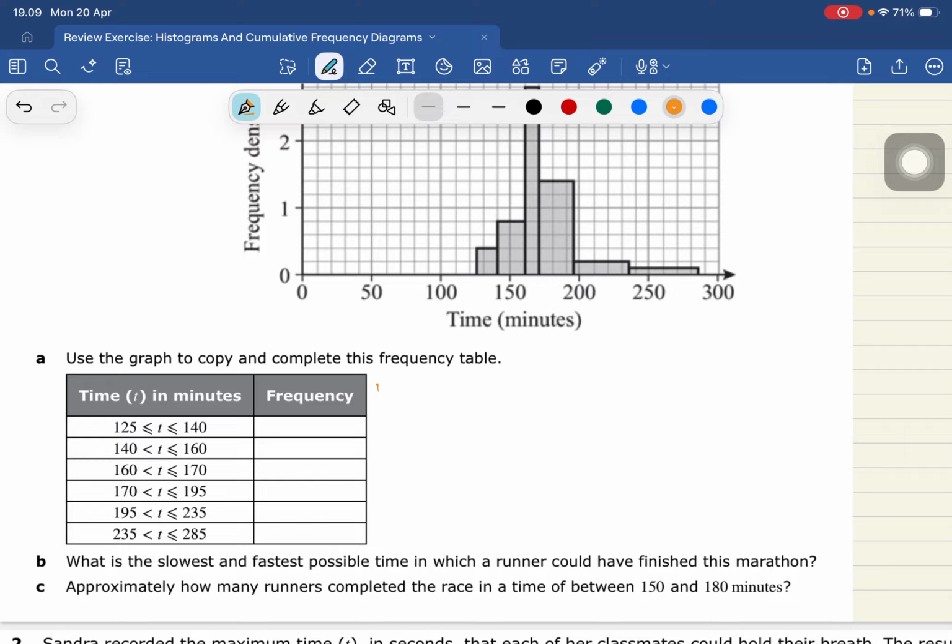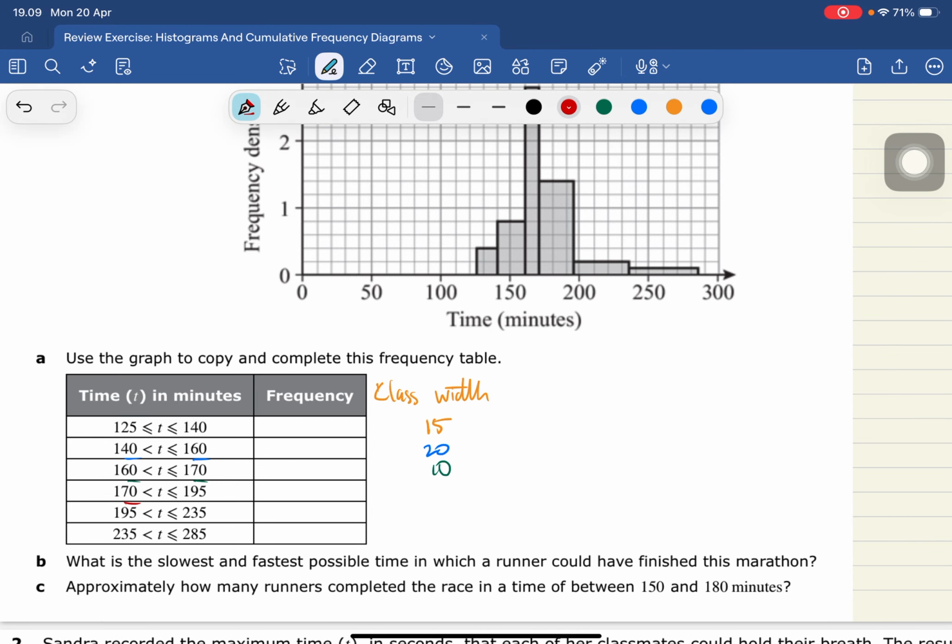So first, we find the class width. Here, 125 to 140 is class width 15. Next, 140 to 160 is 20. Then 160 to 170 is 10.